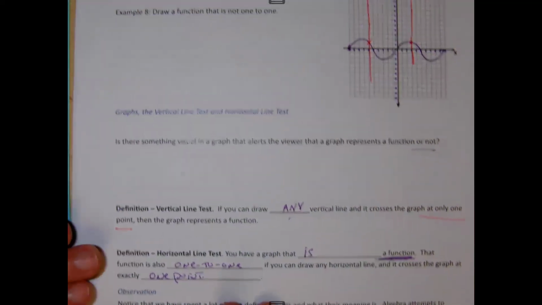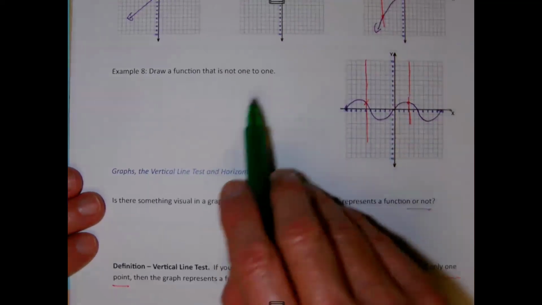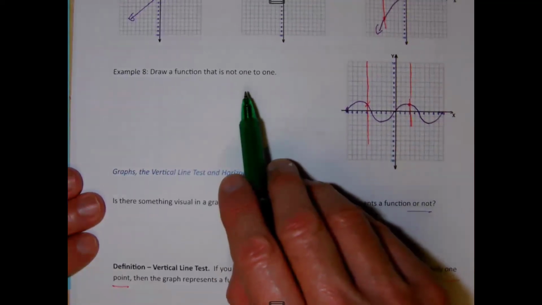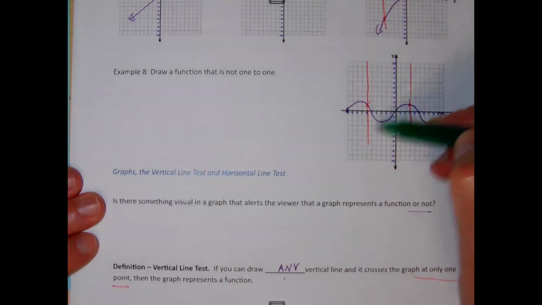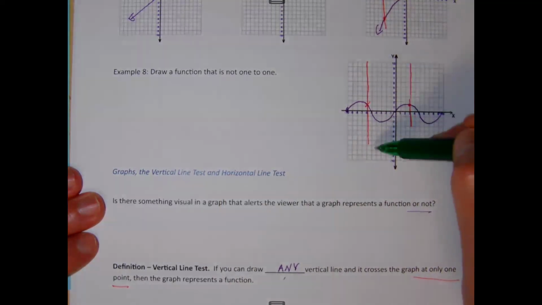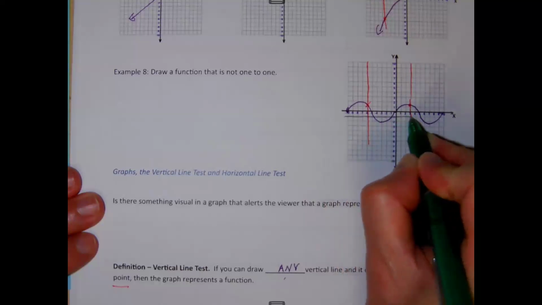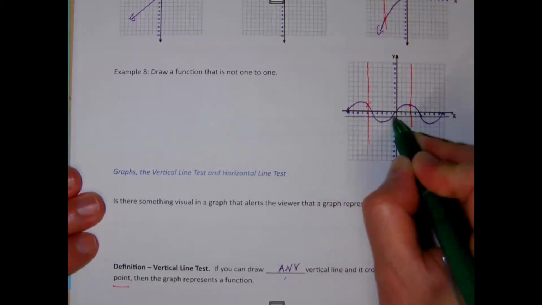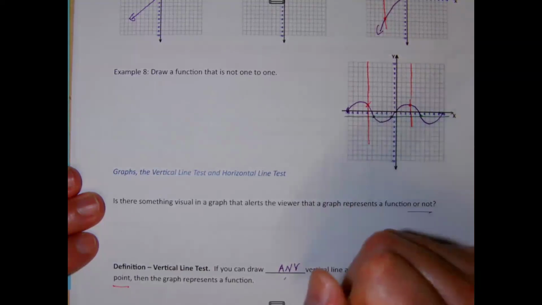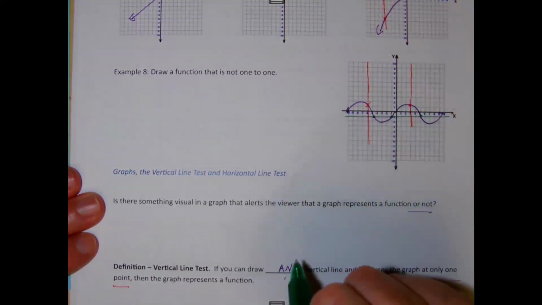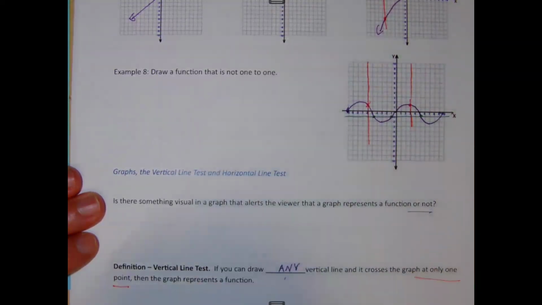It crosses 1 point. So for example, this one we said was a function that is not one-to-one. So clearly this is a function. It's passing the vertical line test. But when I go into the horizontal mode, this horizontal line is crossing multiple points. So this is definitely not one-to-one.